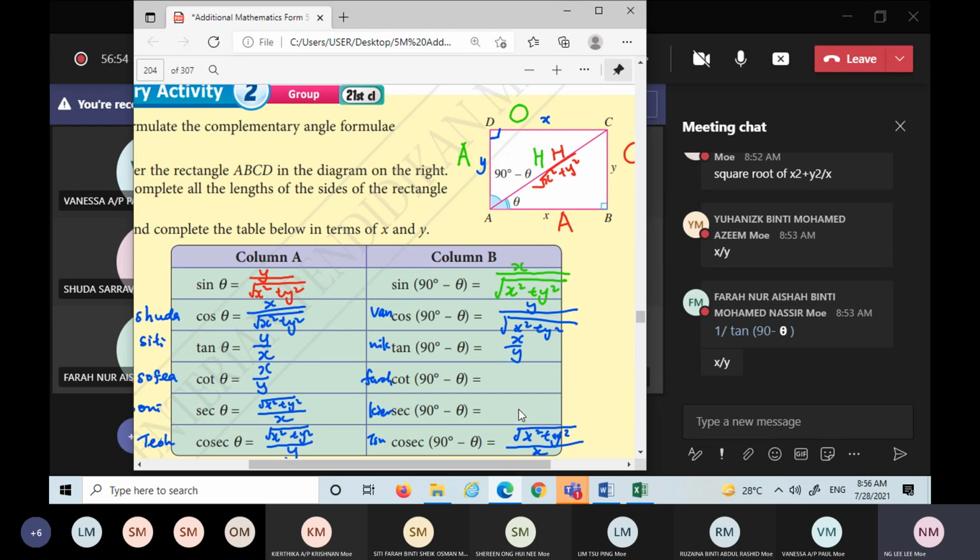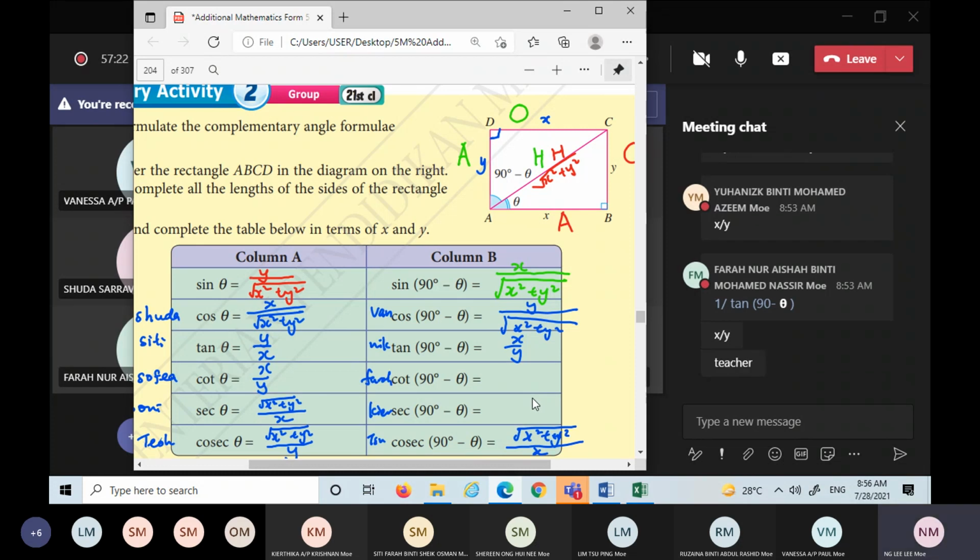One more time, I give you a chance still. The hypotenuse over adjacent.